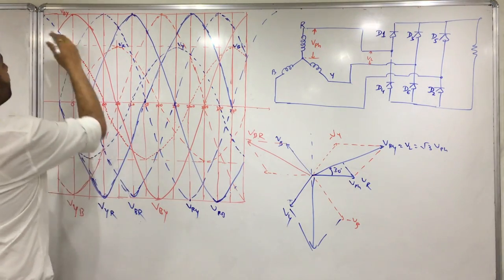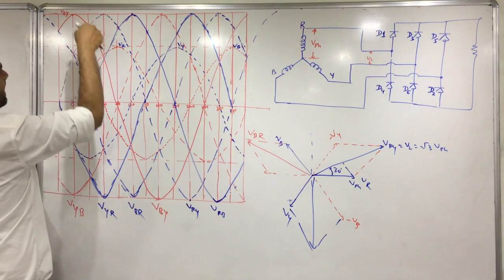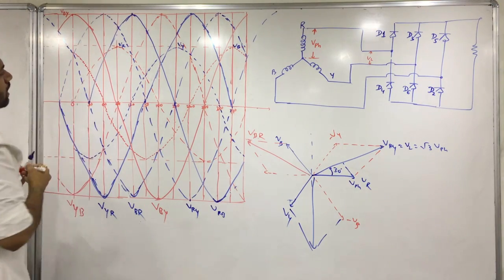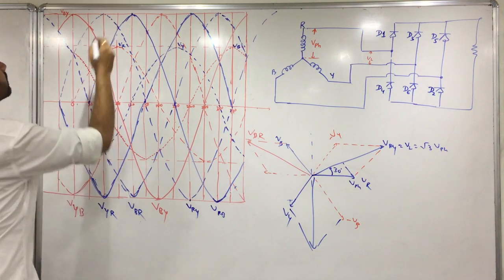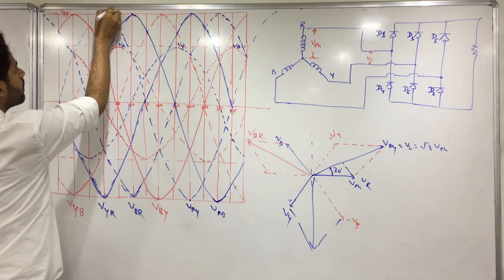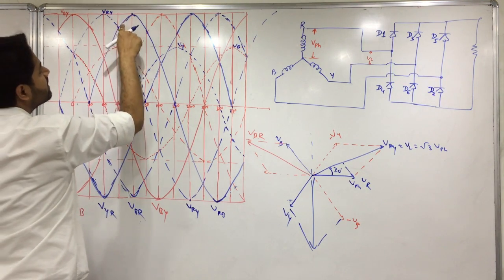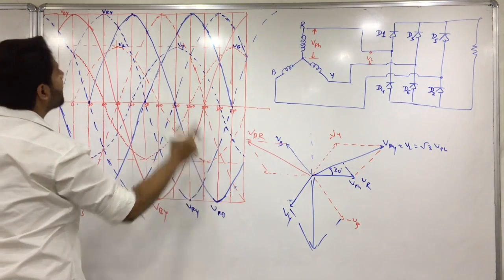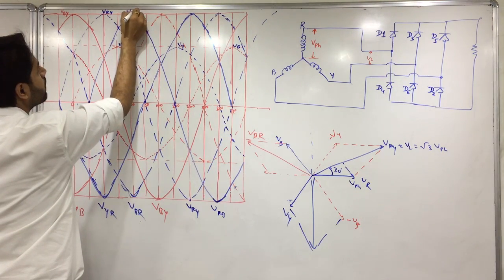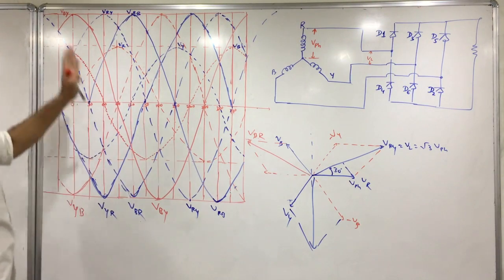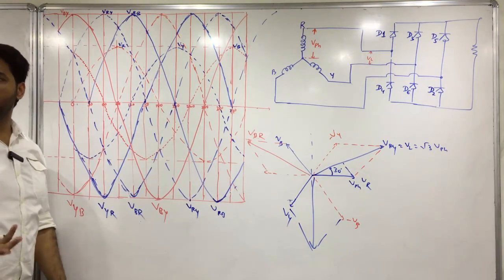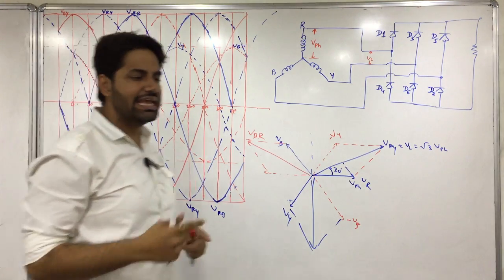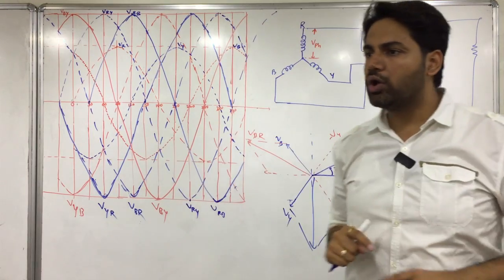So we have got our VBY like this. This is what? VRY. This is VRY. This is RB. Actually this is where it is needed, but initially we have written it over here. Obviously, both sides it will help you to understand how exactly reverse bias voltage comes across a diode.